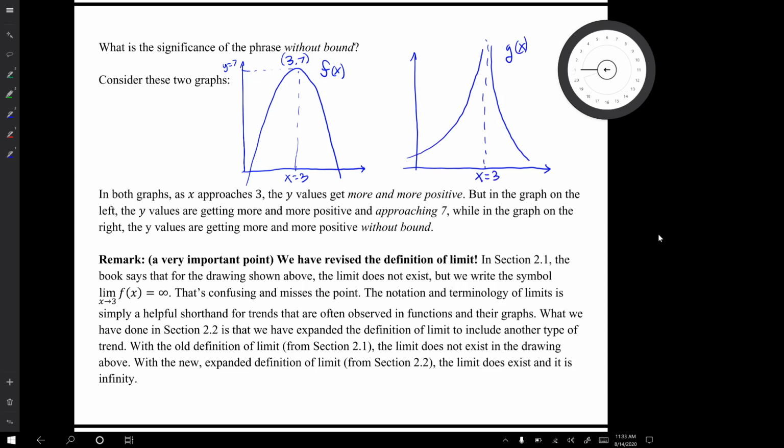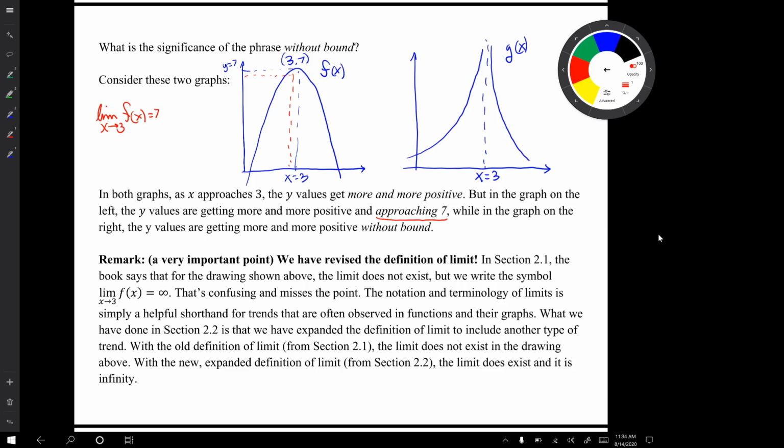So on the left, I have a graph that I'm going to call f of x, and notice that as x approaches 3 on the graph of f of x, the y values are getting more and more positive and approaching 7. So in fact, we would say that the limit as x approaches 3 of f of x is 7. Because the graph is heading for the location 3, 7.